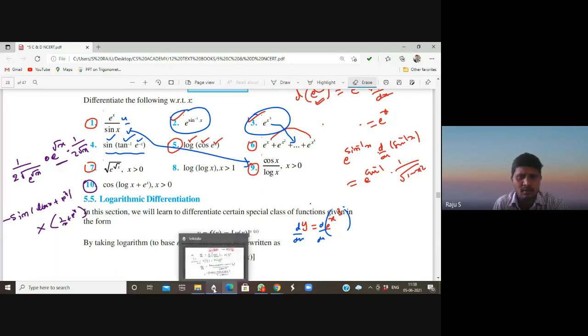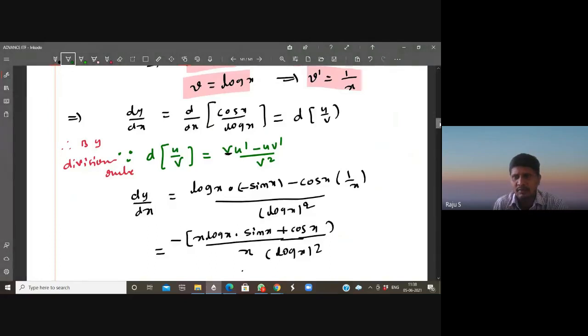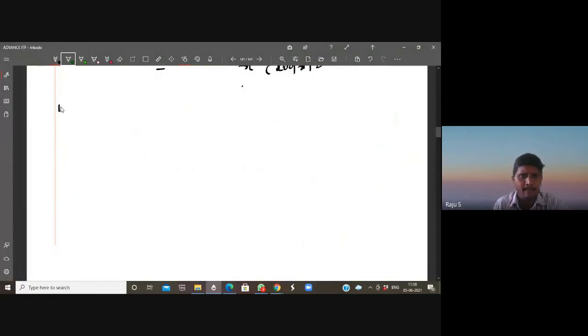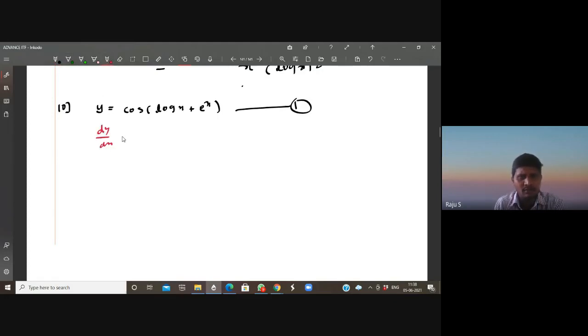So the 10th question is y is equal to cos of log x plus e power x. It is very easy, you know already. So dy by dx of cos of log x plus e power x.